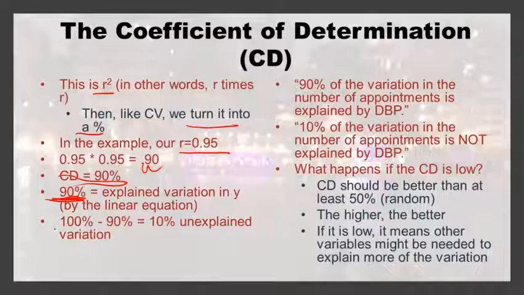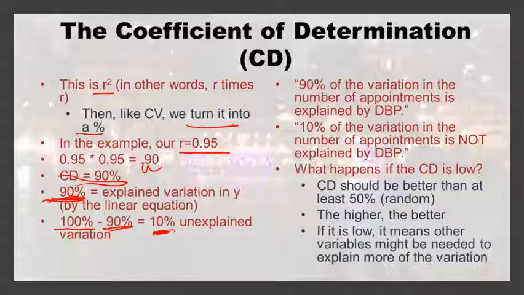What we're going to do is take 100%, minus 90% because we got 90% here, and then we get 10%. 10% of the variation that's happening in this study is unexplained. So 10% of the variation is not due to the diastolic blood pressure readings, but 90% of it is due to the diastolic blood pressure readings.